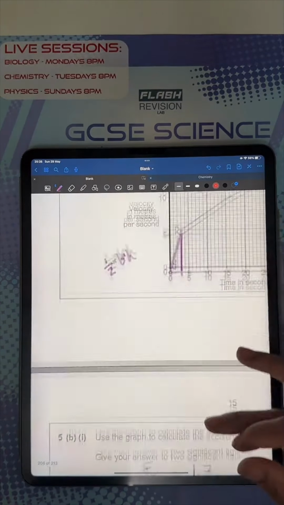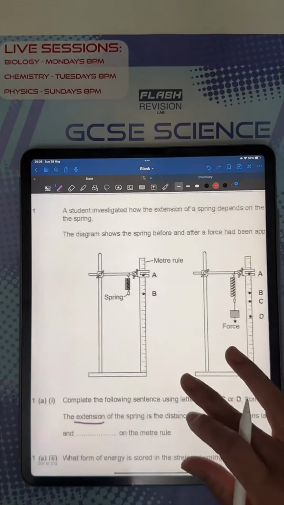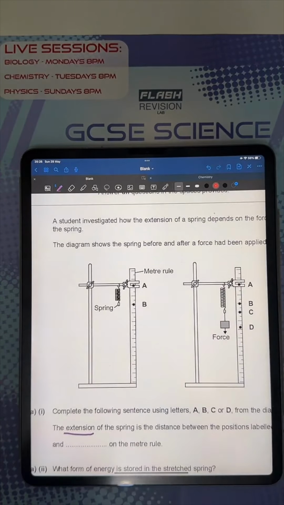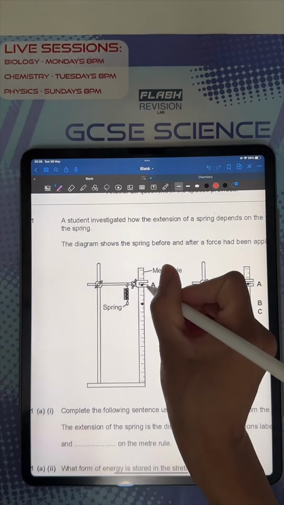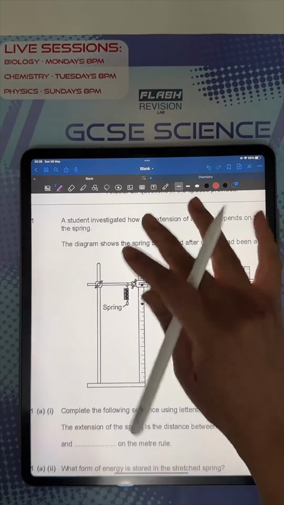So back to the question, looking at that diagram here, think about what the original length is. Original length is A to B, isn't it? That's what we can take as original length.